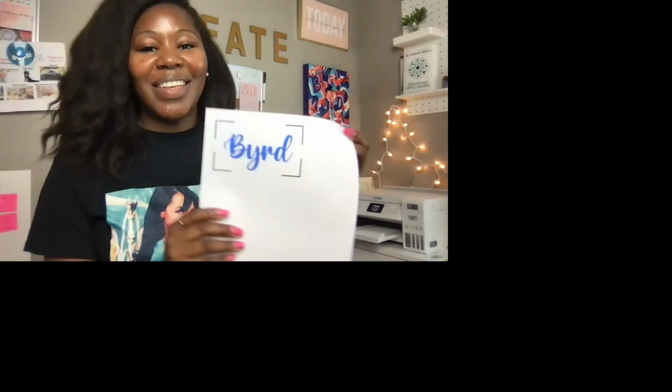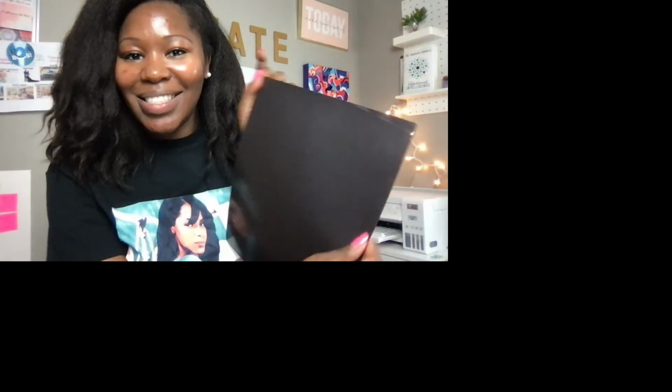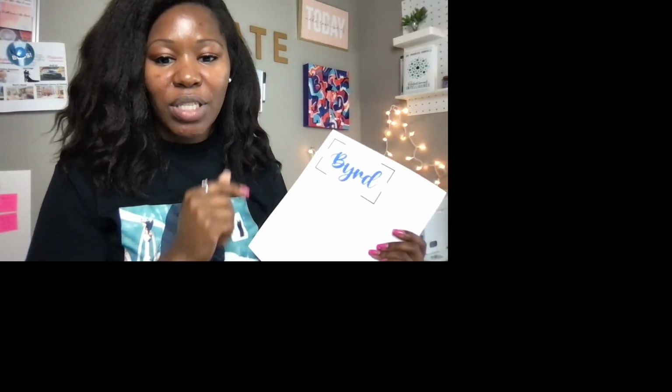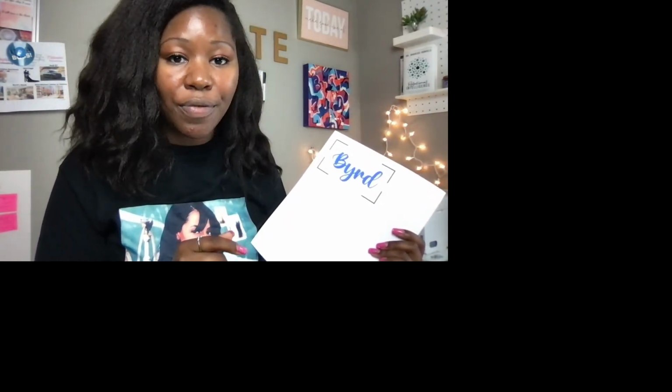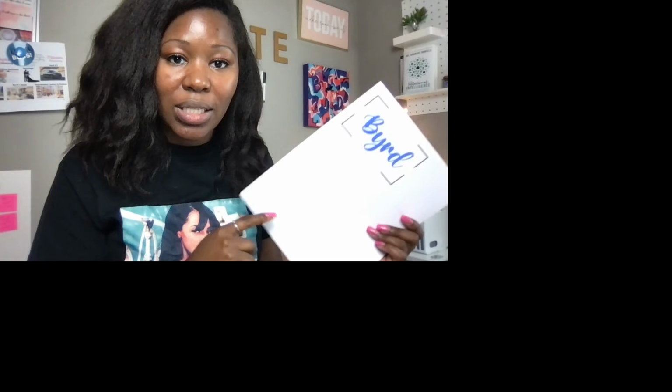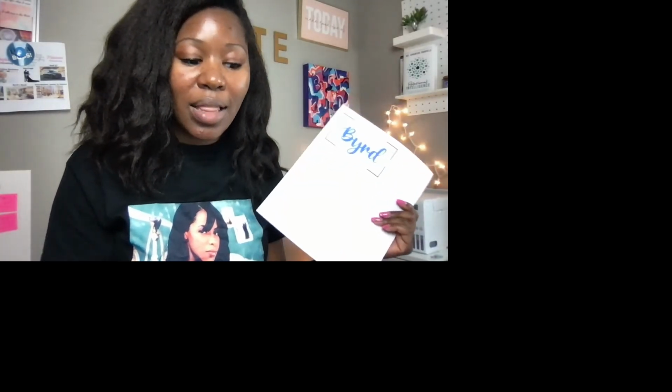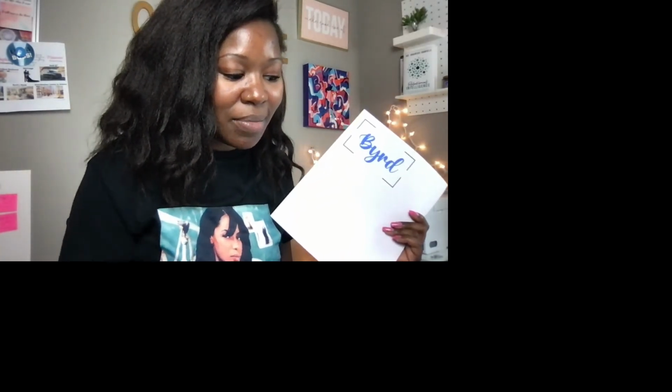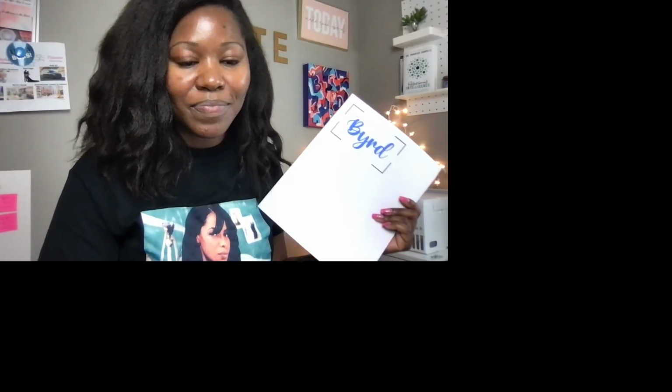Okay, so this is my magnet, and what I'm going to do is switch my camera views again so that you can see me putting this onto my paper and then cutting out my magnet. Okay, I'm gonna come around.